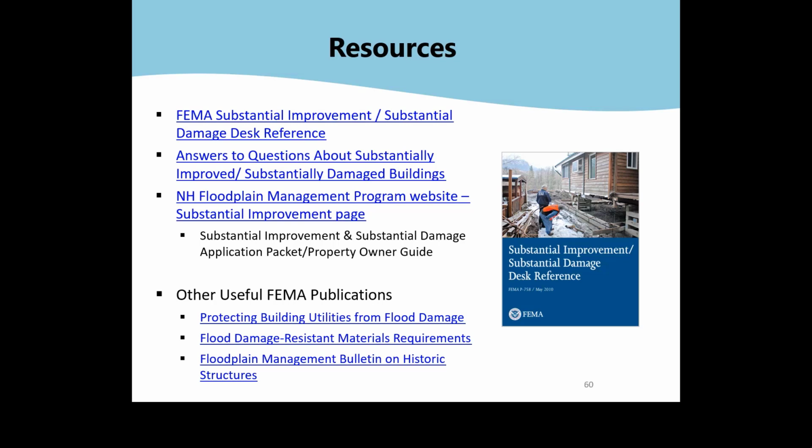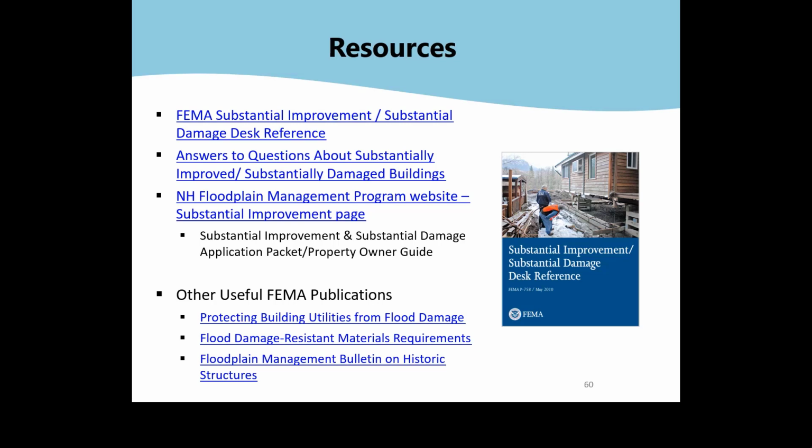Some other useful FEMA publications that we referenced during this presentation, Protecting Building Utilities from Flood Damage and Flood Damage-Resistant Materials Requirements, are helpful for situations where an improvement doesn't reach the SI threshold.